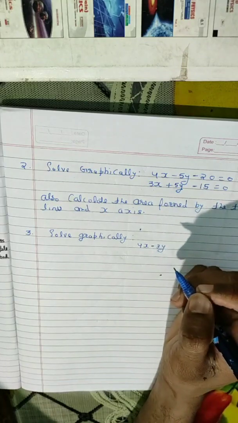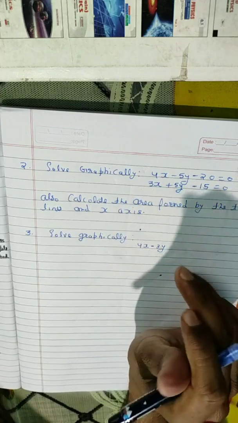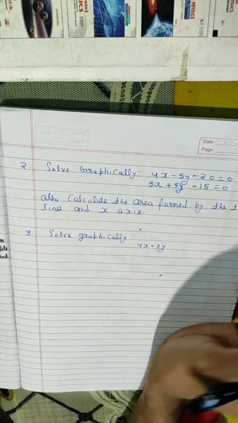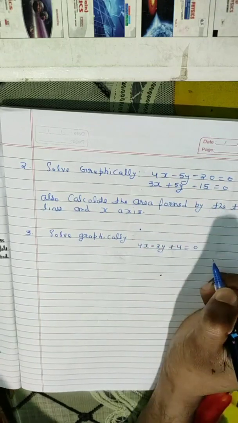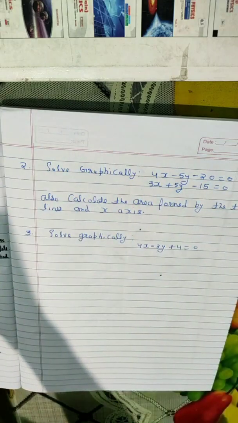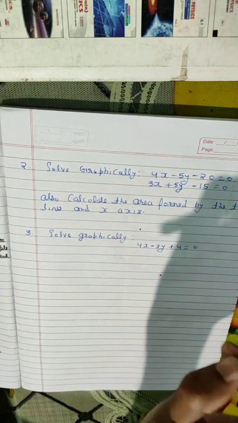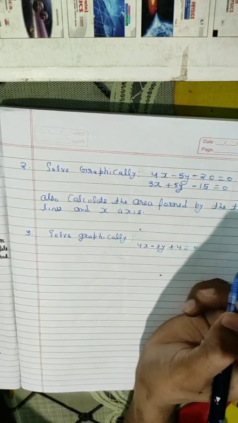That means the case of no unique solution. So in that case you have to just draw the graphs and obviously the lines will be parallel. And a question can also come to show graphically that the two lines are overlapping or coinciding. So in that case the lines will be overlapping lines.